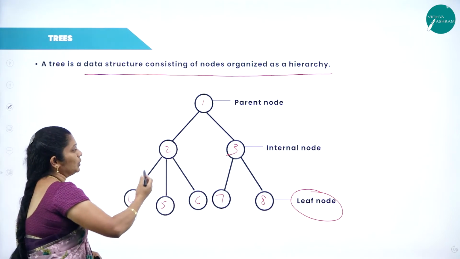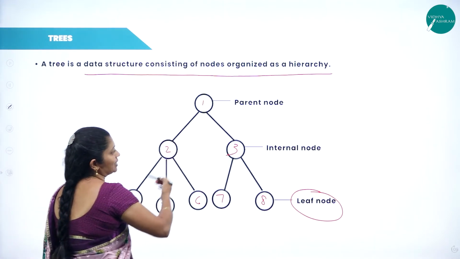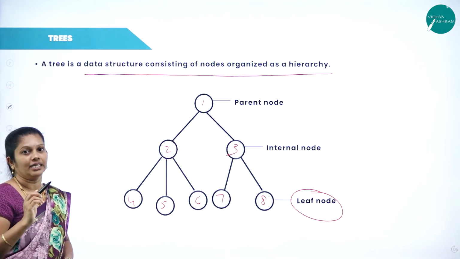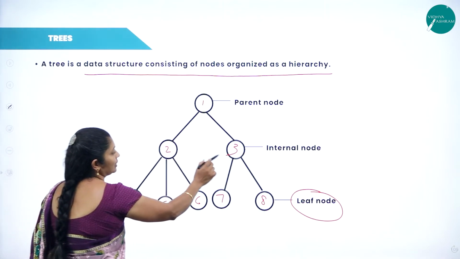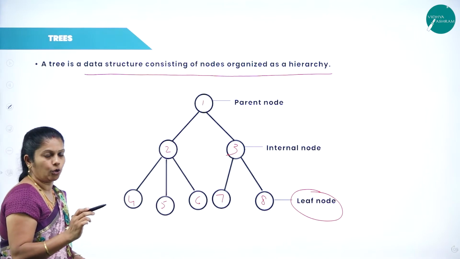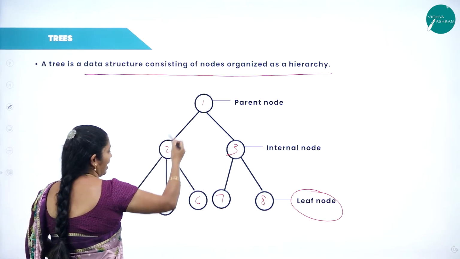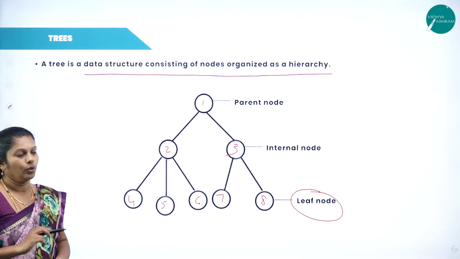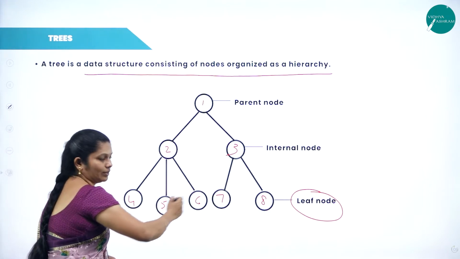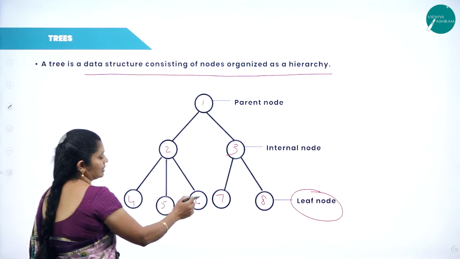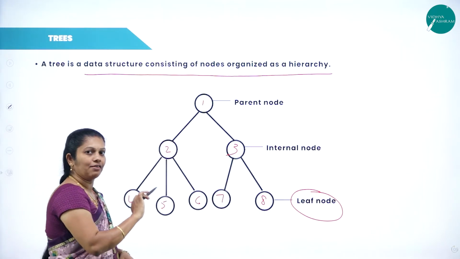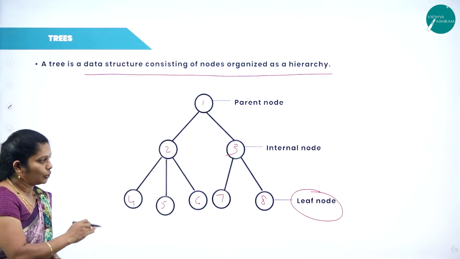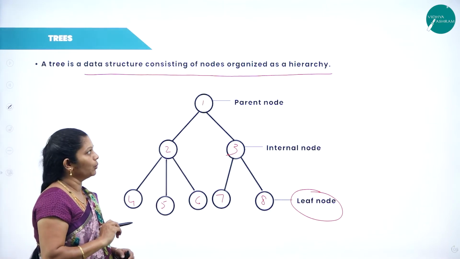Nodes having both a parent and children are called internal nodes. If you observe 2 and 3, these are internal nodes because they have a parent as well as children. Whereas 4, 5, 6, 7, 8 do not have any children, so they are called leaf nodes.